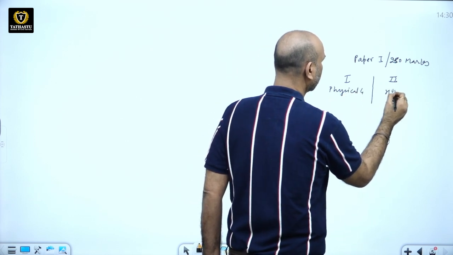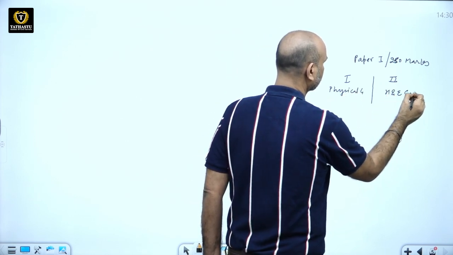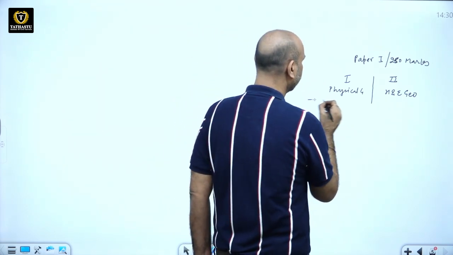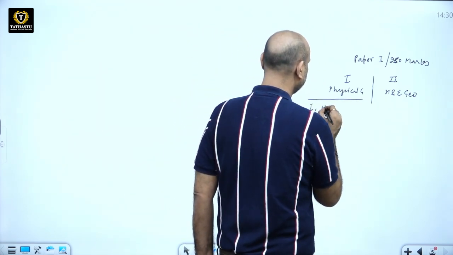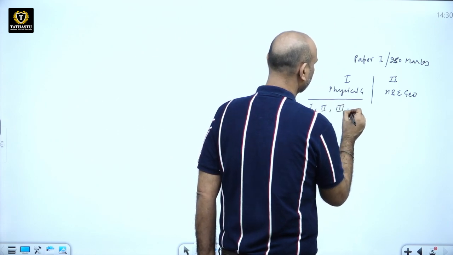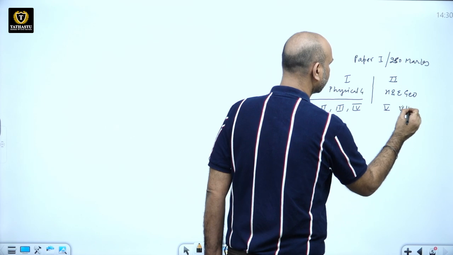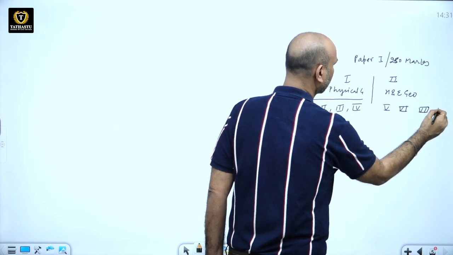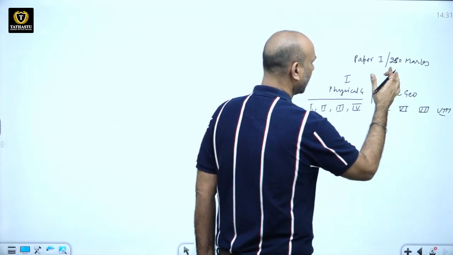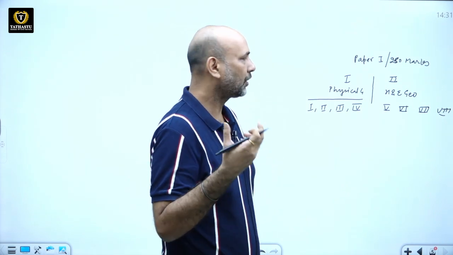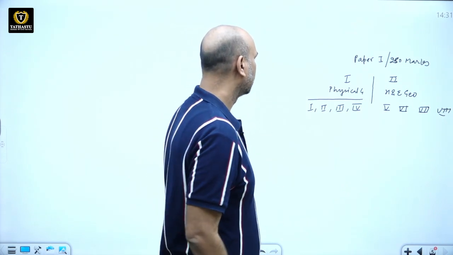Second is on human and economic geography. Each section contains 4 questions; fifth, sixth, seventh and eighth are part of the second section, which is on human and economic geography.